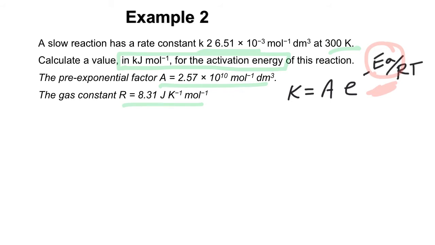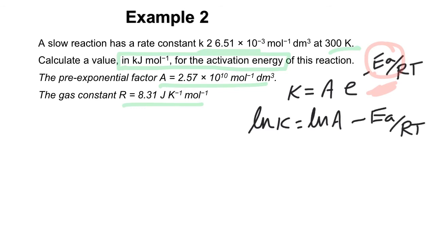If you write that equation here, ln k equals ln A minus EA over RT, you can pretty much see that it is much easier using this expression to obtain a value for EA.